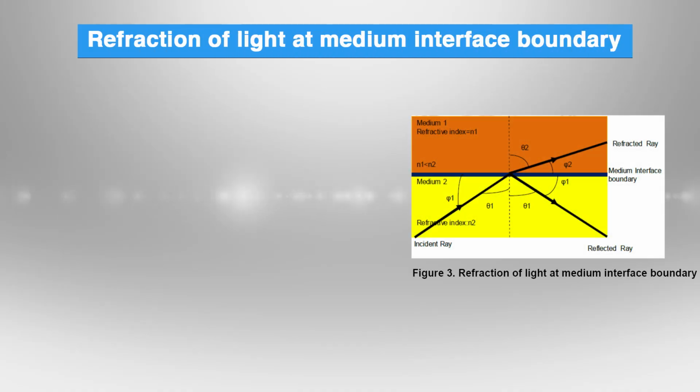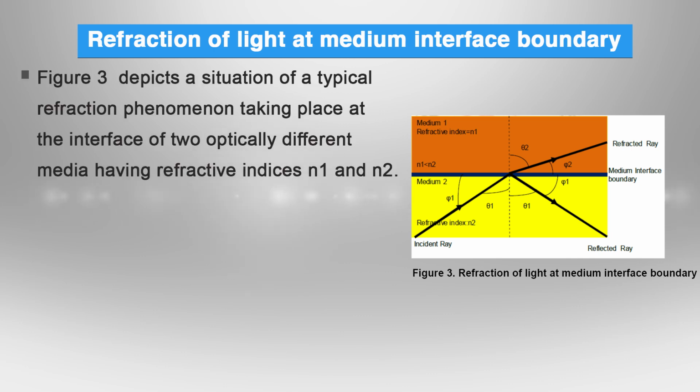Now, the refraction of light at a medium interface boundary. The figure depicts a typical refraction phenomenon taking place at the interface of two optically different media having refractive indices n1 and n2.